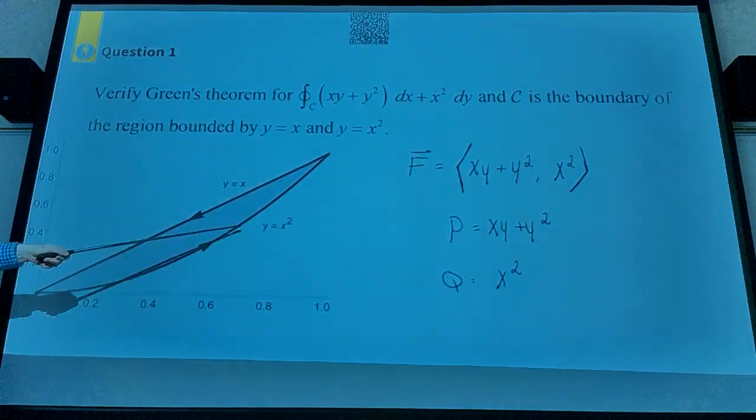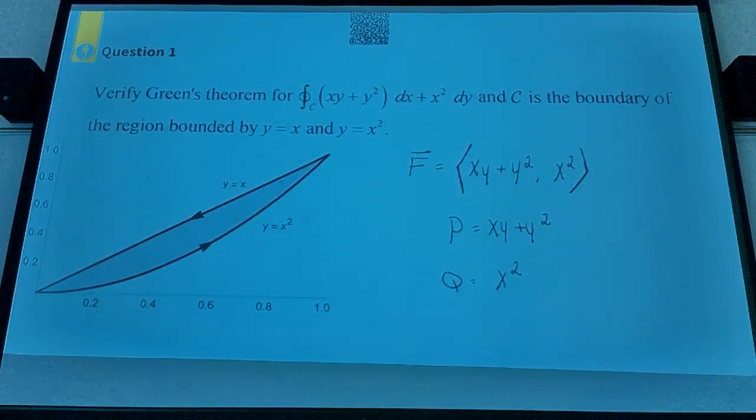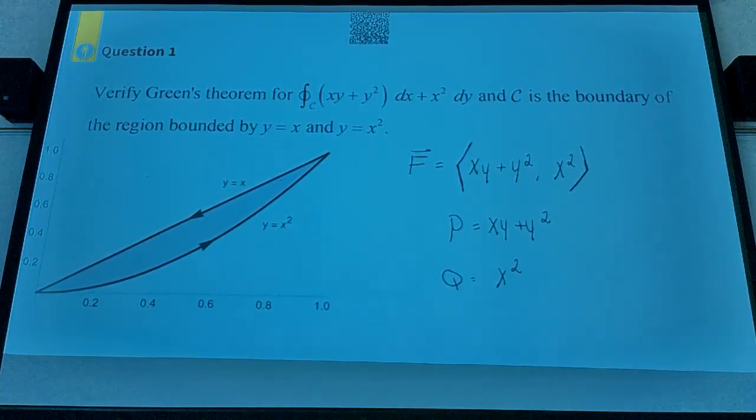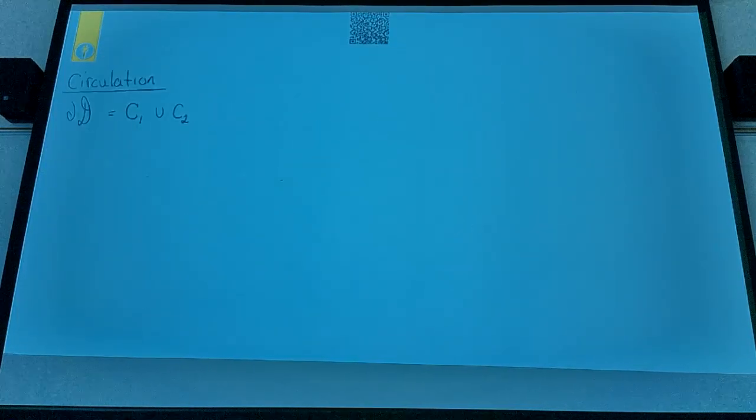So C1 we're going to say is x squared, C2 is x. Parameterization for C1.